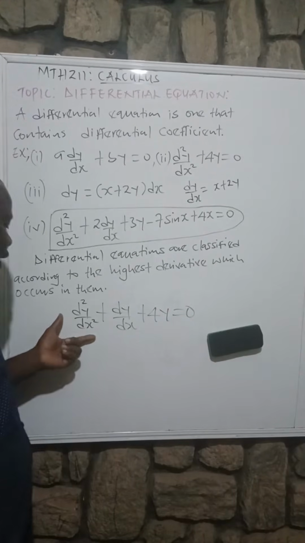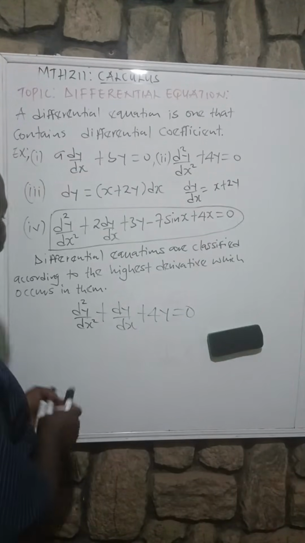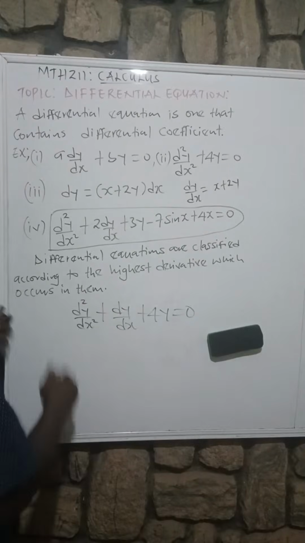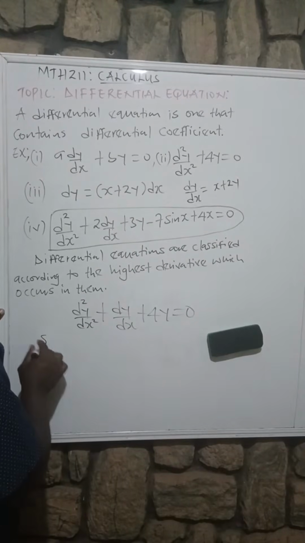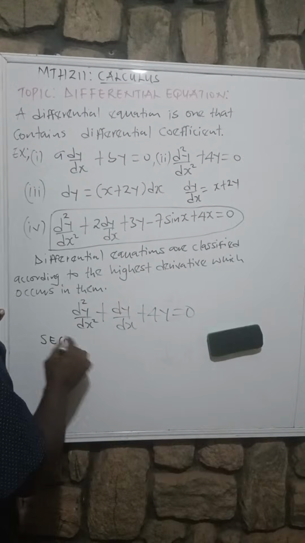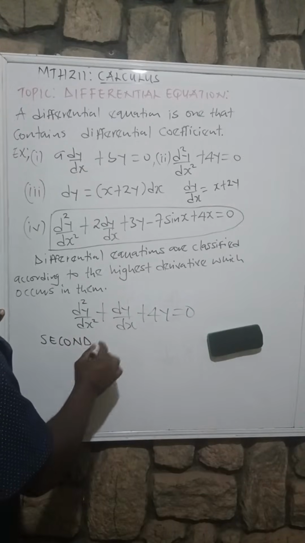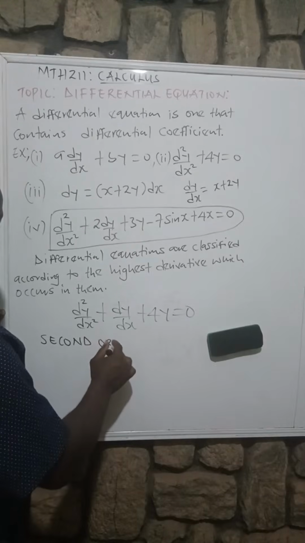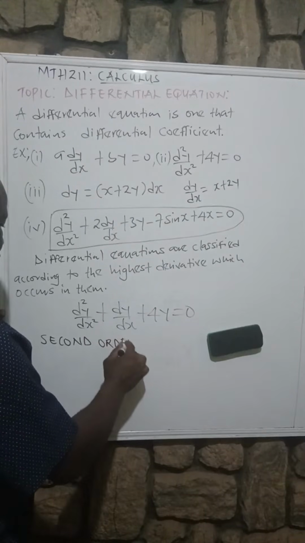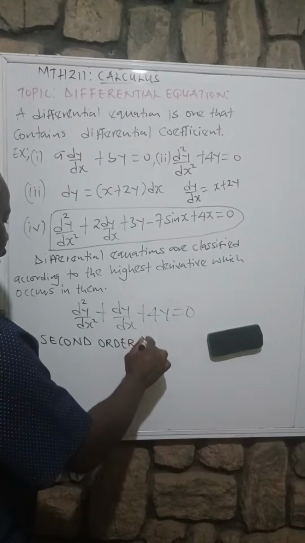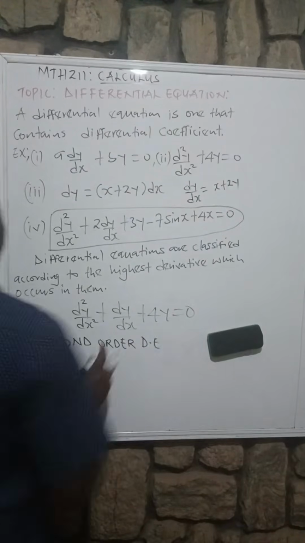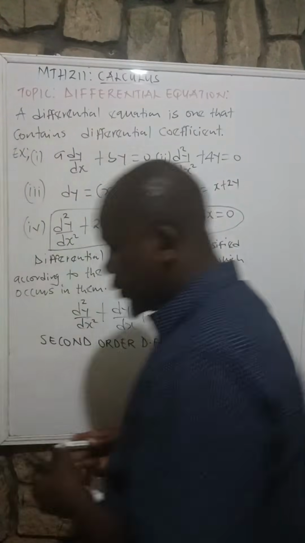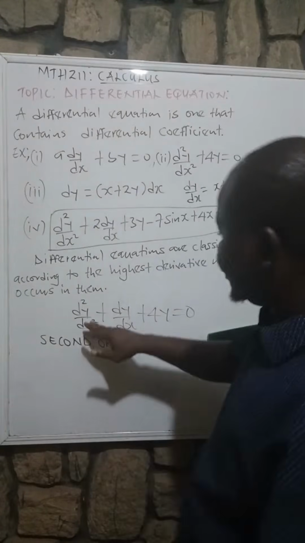As it is, this is known as second order DE. We call this a second order differential equation.